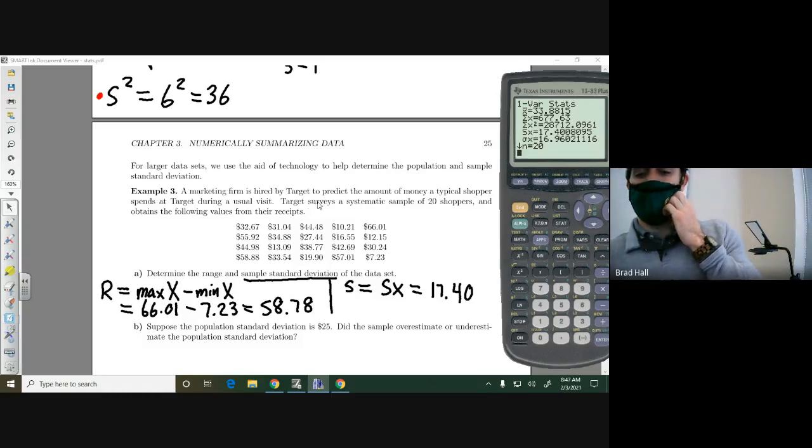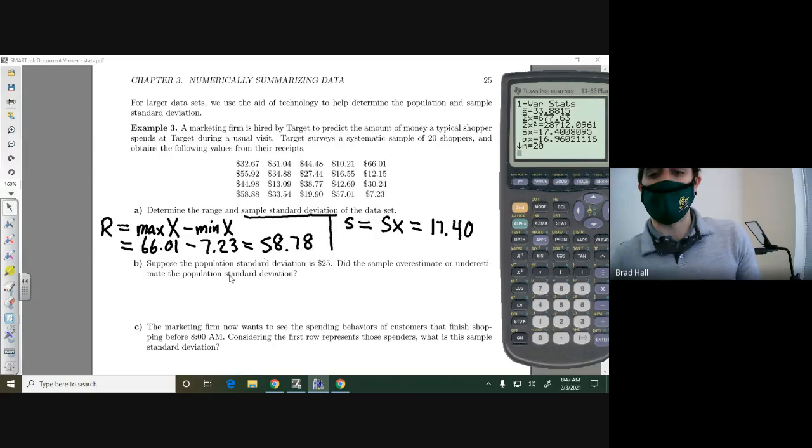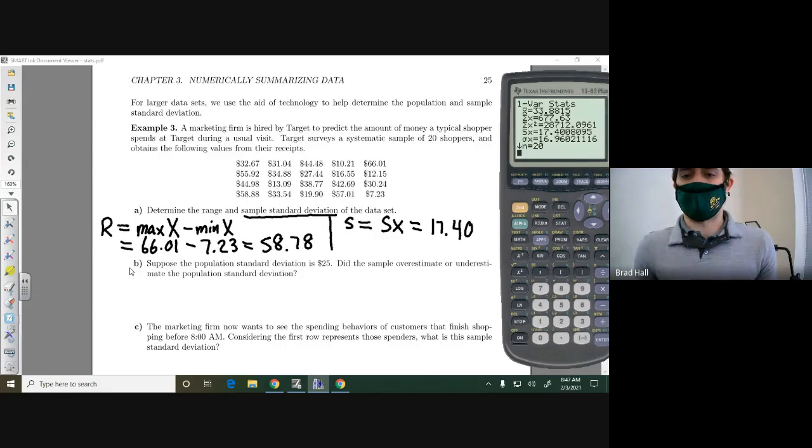If not, part B says, suppose they just went into the computers and figured out the population standard deviation to be $25. Did our sample overestimate or underestimate the population standard deviation? Because remember, what a sample does in general is it gives some sort of inference about what to expect about a general behavior.